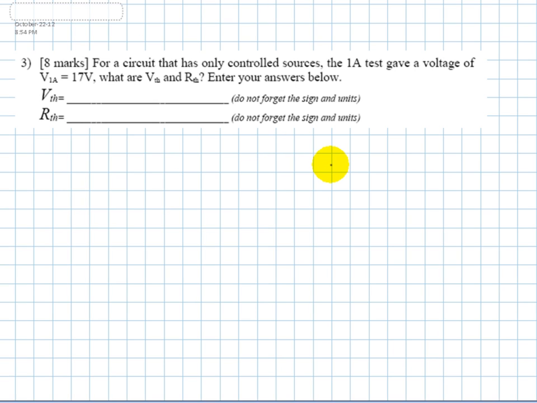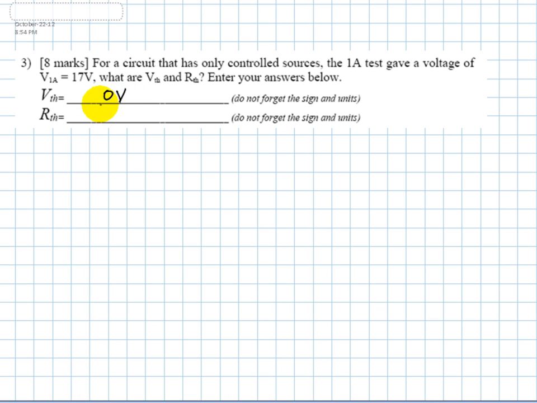The third question, for a circuit that only has controlled sources, the 1 amp test gave a voltage V1A of 17 volts. What are VTH and RTH? Enter your answers below. Well, we know that a circuit that has only controlled sources always has a VTH of 0 volts.